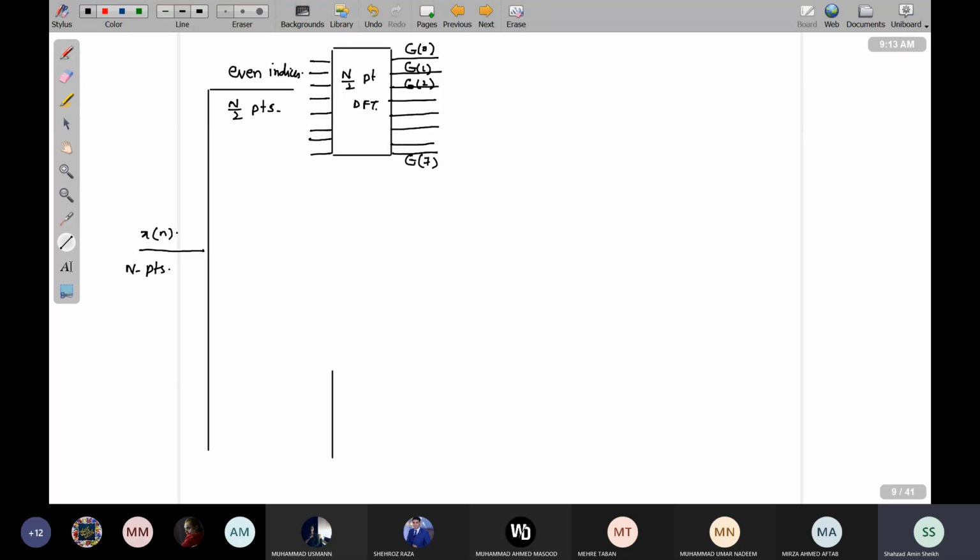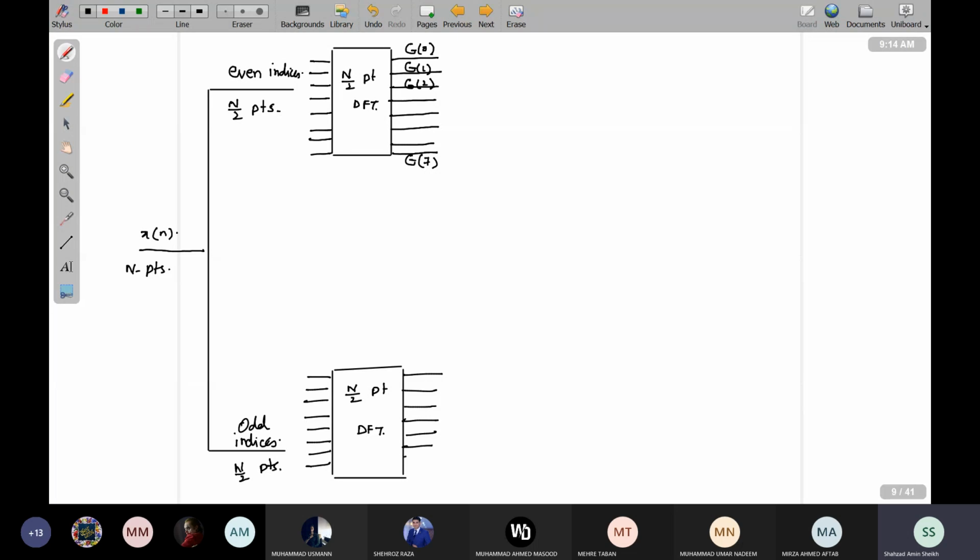Similarly for odd indices, again we will be having, and of course this is my hf0, hf1, hf2, and so on, and this is my hf7.